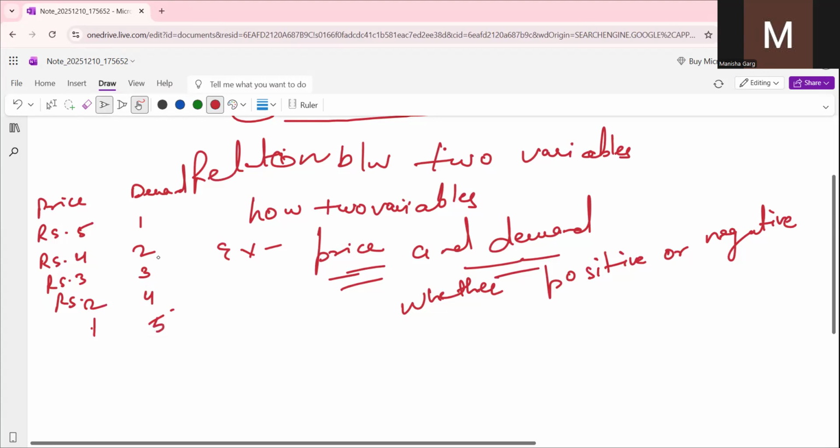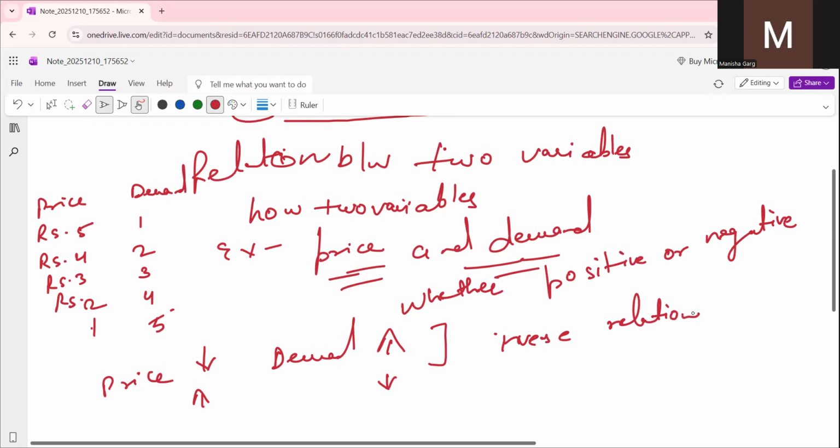Means correlation tells us that if the price of a commodity decreases, demand of that commodity will increase. And if the price increases, demand will decrease. So correlation tells us about the relation between these two components, price and demand. There is an inverse relation.